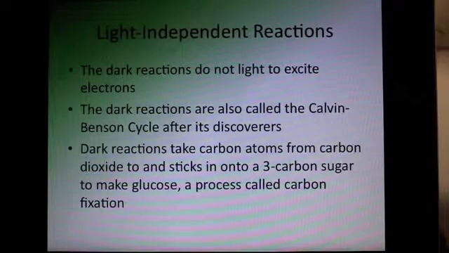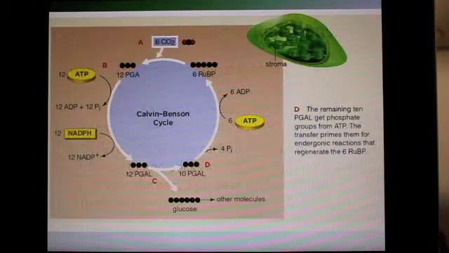This is also named after Calvin and Benson, the co-discoverers. And these reactions, or series of reactions, take carbon atoms from carbon dioxide and stick them onto a 3-carbon sugar to make glucose. This is a process called carbon fixation.